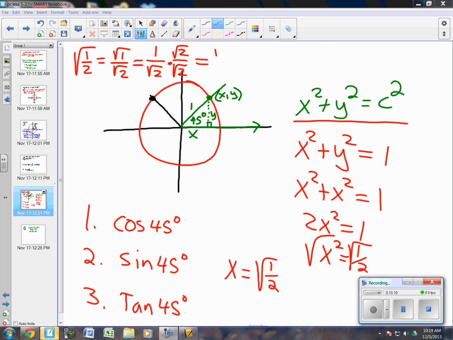But I go 1 times the square root of 2 is square root of 2. And what's the square root of 2 times the square root of 2 equal to? Not 1, it's equal to 2. Because 2 times 2 is 4, it'd be equal to the square root of 4, which is 2. So do you see how, for x, we got the square root of 2 over 2? For both the x coordinate and y, since they're both the same, they're both square root of 2 over 2.